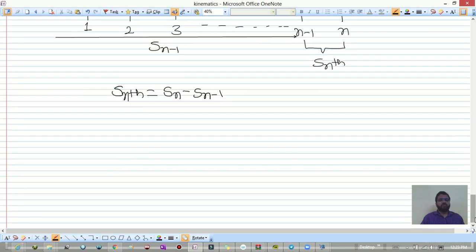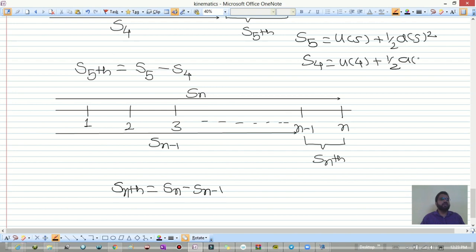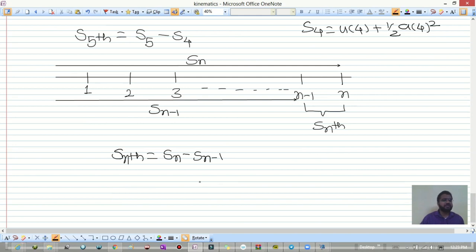Now what is S4 or S5 and S4 over here? S5 indicates displacement in 5 seconds. So u into 5 you have to consider, plus 1 by 2 a into 5 squared you have to consider. And S4 indicates u into 4 plus 1 by 2 a 4 squared you have to consider. Over here we have considered Sn, right? Displacement of a body in n seconds.